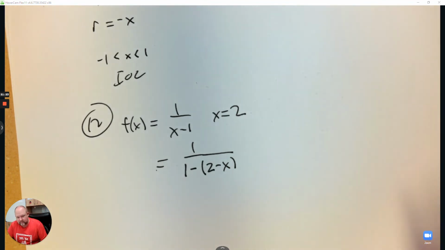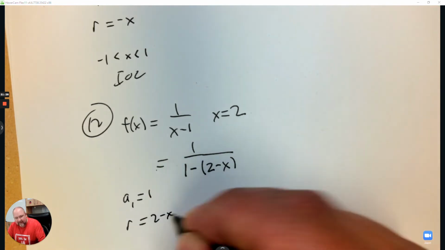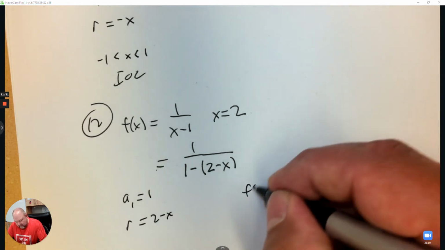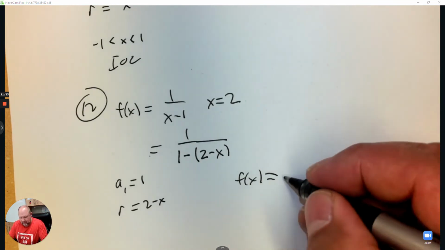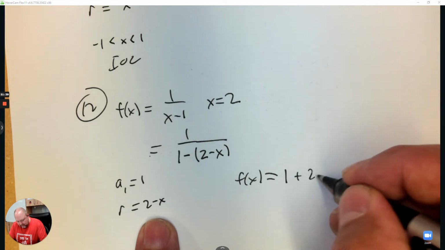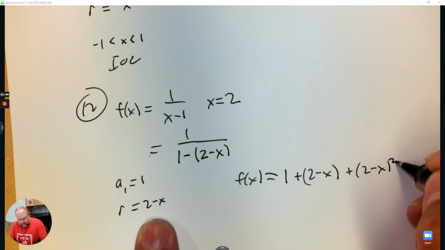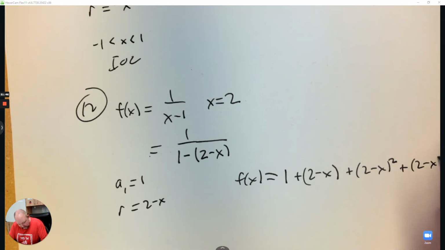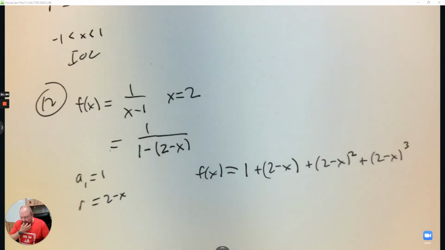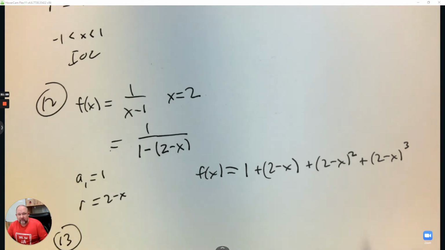Yeah. And so our first term is 1, and the common ratio is 2 minus x. So we have 1, then multiply by 2 minus x, and then multiply by 2 minus x, and then multiply by 2 minus x, and you have the answer. You could also treat it as a Taylor, and you get the same answer if you simplified it, but I think that's easier.